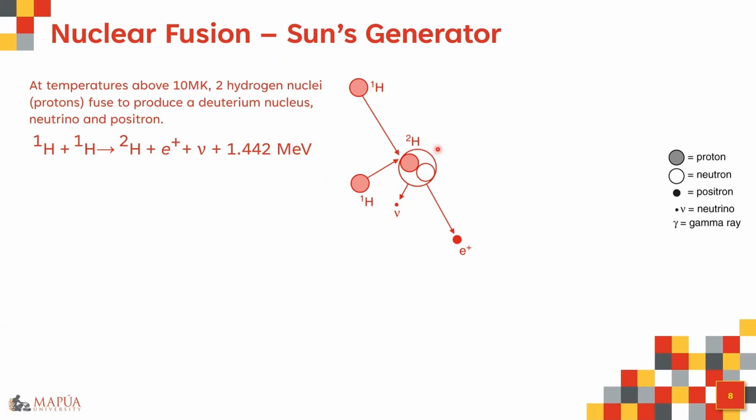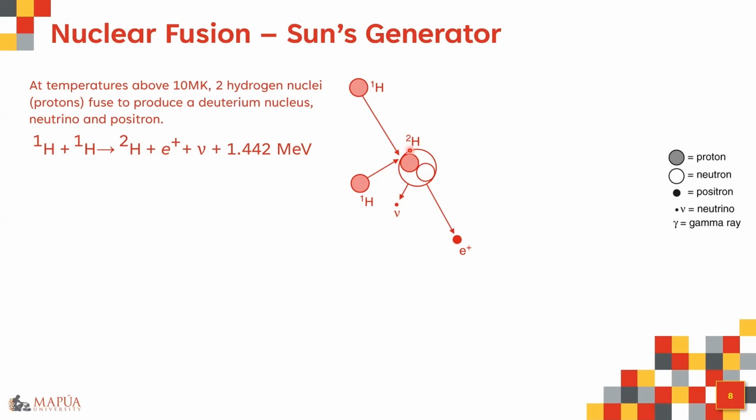So the next step would be the fusion of this deuterium nucleus with another hydrogen nucleus. Remember, the sun is mostly composed of hydrogen, with some traces of helium. Most of this hydrogen is either your usual protons or your deuterium isotopes.